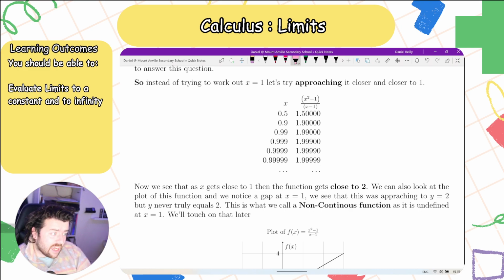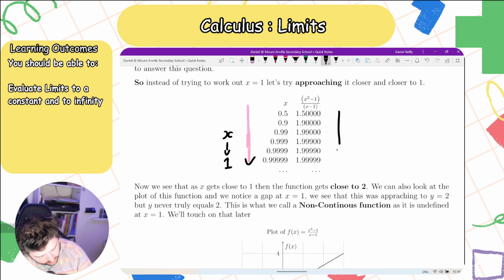As we see here, the closer and closer my x value gets to 1, the closer and closer the function gets to 2.